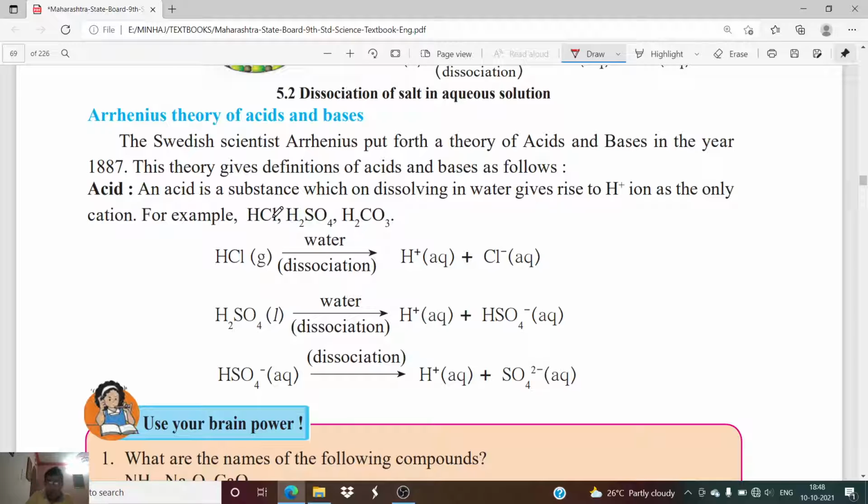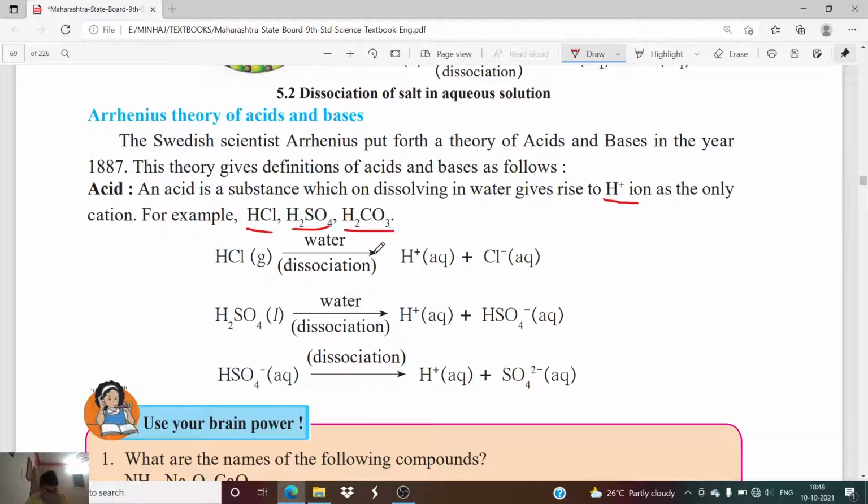So in any compound, if you find that H+ ion is the basic radical, the cation, then that compound is going to be an acid. The examples are hydrochloric acid, sulfuric acid, that is H2SO4, and carbonic acid, that is H2CO3.